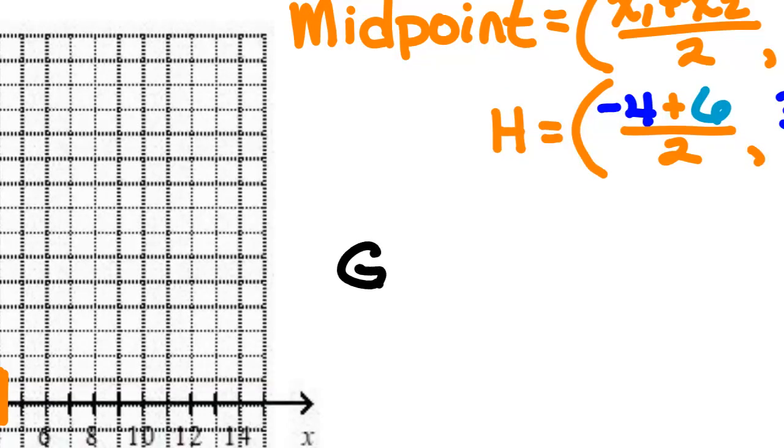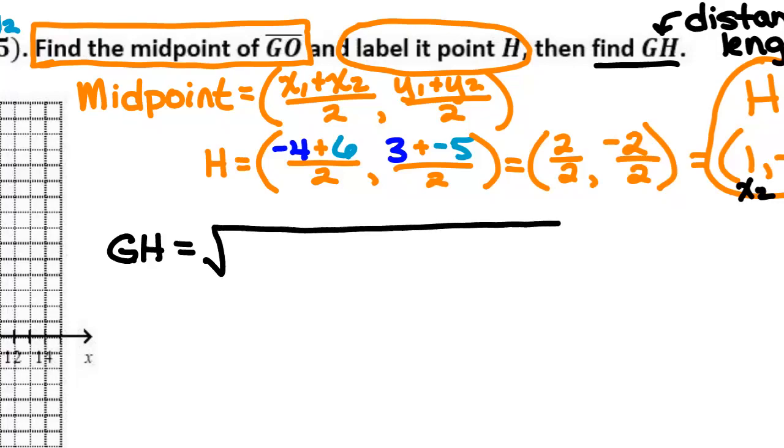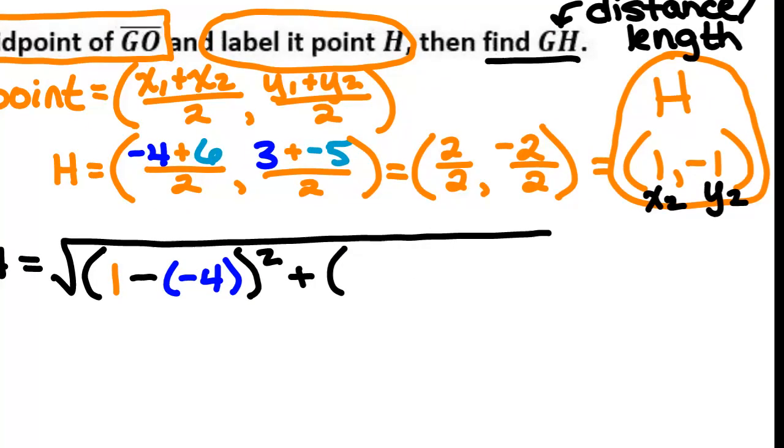So from G to H equals big square root sign. First set of parentheses, we have x2 minus x1, so that is 1 minus negative 4. Close my parentheses and square it. Plus, new set of parentheses, y2, so negative 1 minus y1, which is 3.